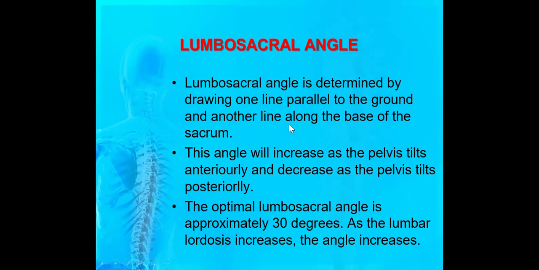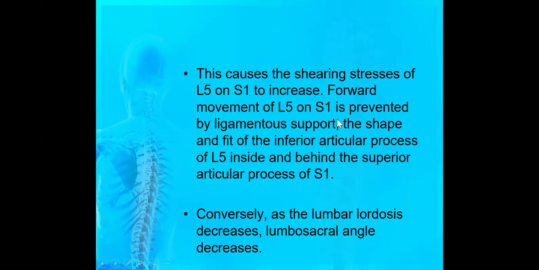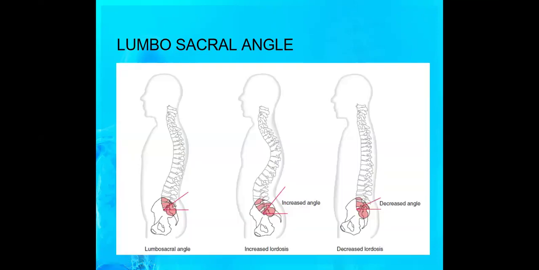So the lumbosacral angle is determined by drawing one line parallel to the ground and another line along the base of the sacrum, just along the disc present between the L5 and S1.